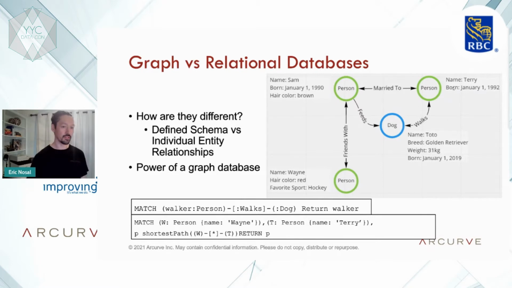In the graph database, since every edge is modeled, we can ask it to pick this person Wayne and this person Terry, and find the shortest path between the two, as in how they know each other. This query will return a path from Wayne through Sam to Terry, and it'll say Wayne is friends with Sam, who is married to Terry. That is where the real power of graph databases comes in.